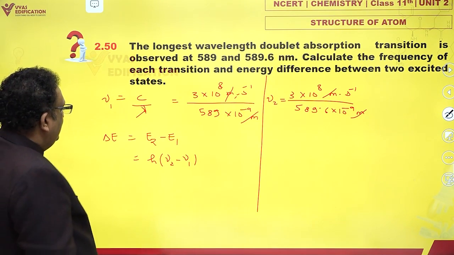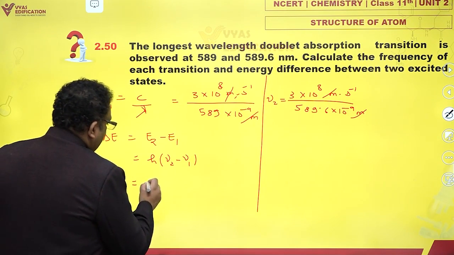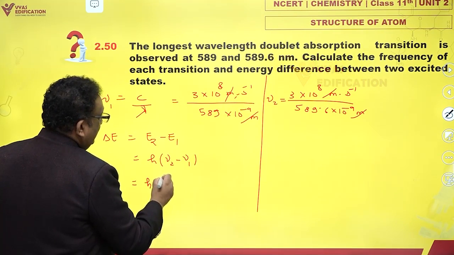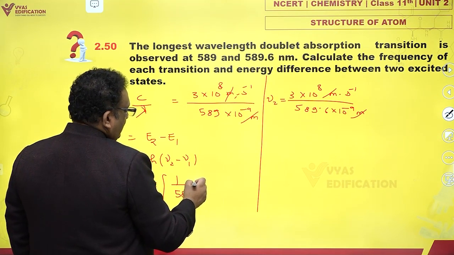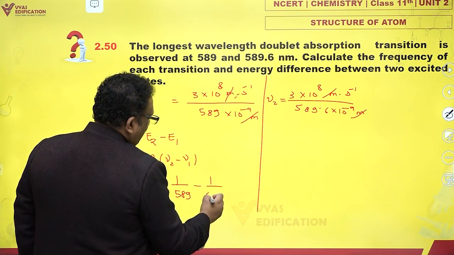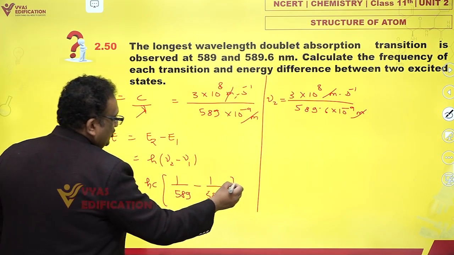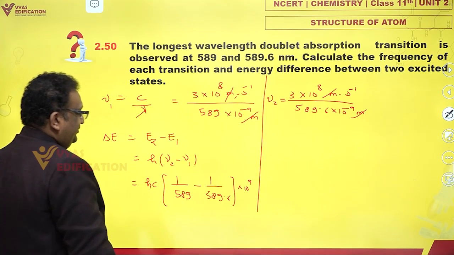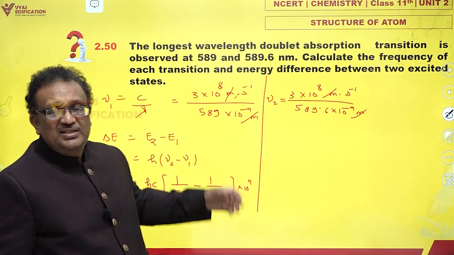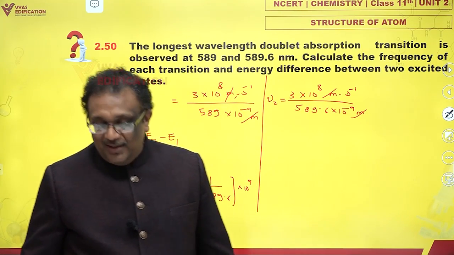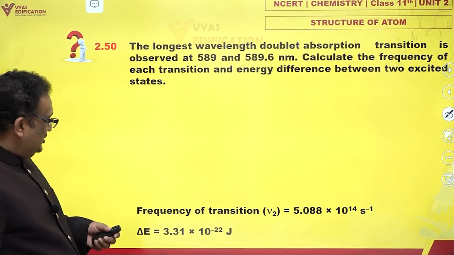So all I'm supposed to do is find the difference, which is hc times (1/589 − 1/589.6) into 10^-9, which goes up as 10^9. That's what you're supposed to do. Otherwise, just find the frequencies, subtract them and multiply by h, and you get the answer. What remains is a simple calculation.